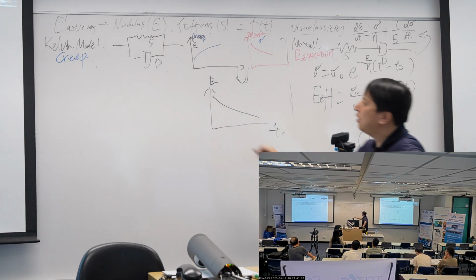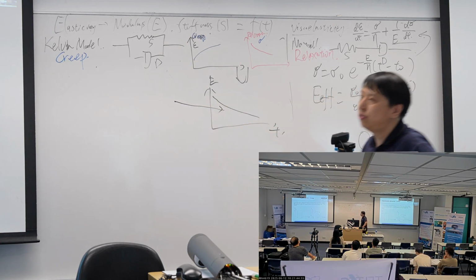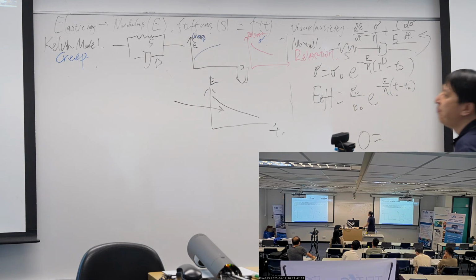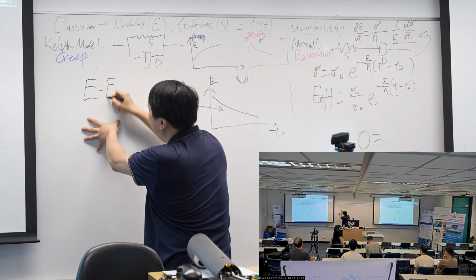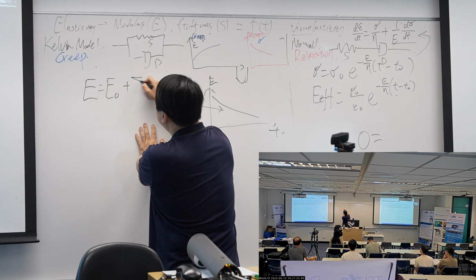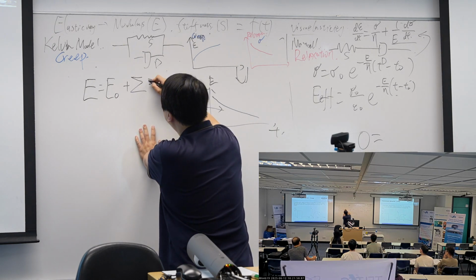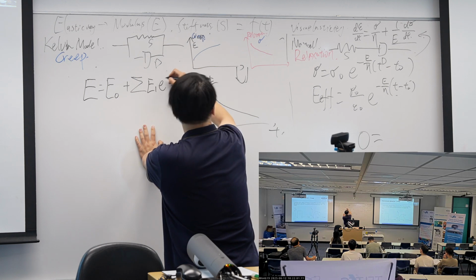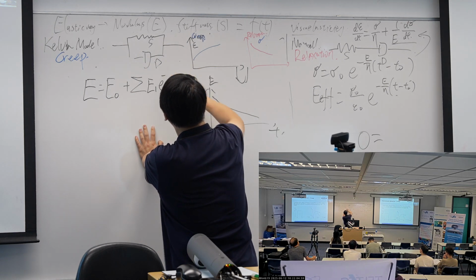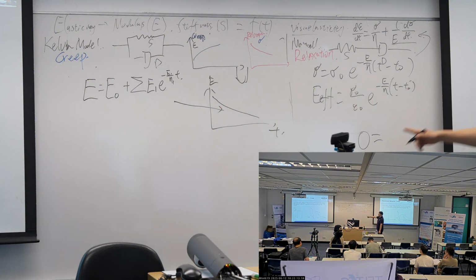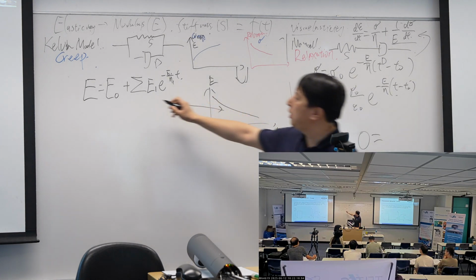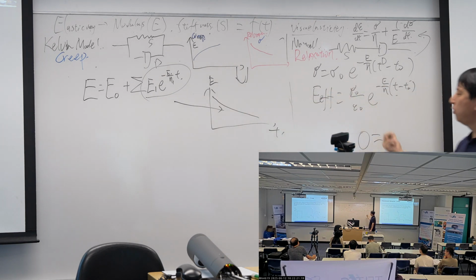That means I just use an exponential fitting on these curves. I would use a function like this. My E equals E0 plus several terms of exponential function on this curve, and each term is defined in Maxwell's way.